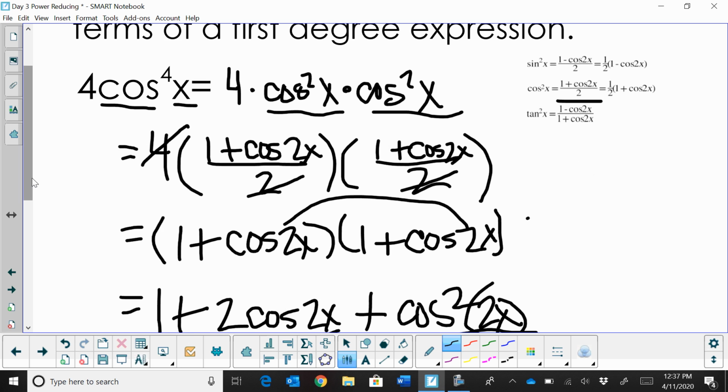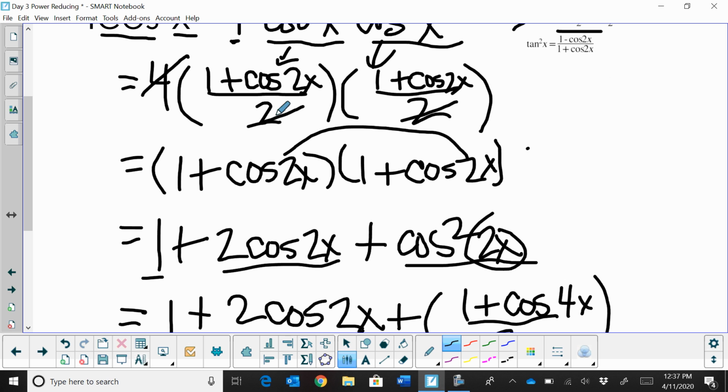So let's kind of go back and look at this one. It's a little more involved. We're just going to separate, bring this coefficient 4 out, and we're going to rewrite cosine to the 4th as cosine squared times cosine squared. We replace the cosine squares with the power reducer that we have. Then from there, we just simplified the denominator with the coefficient of 4, which made it kind of nice.